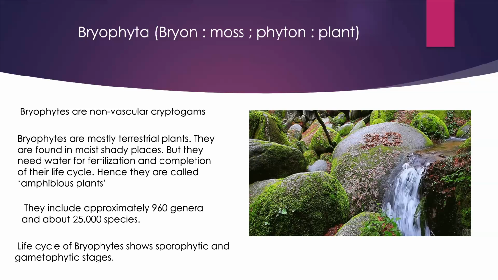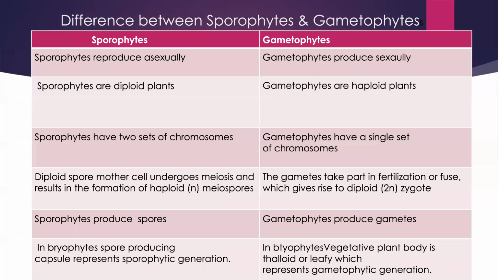Just simply remember, sporophyte is a spore producing stage and gametophyte is a gamete producing phase. Now we study this in detail. Here we study the difference between sporophyte and gametophyte theoretically, and later on we understand these two terms with an example.